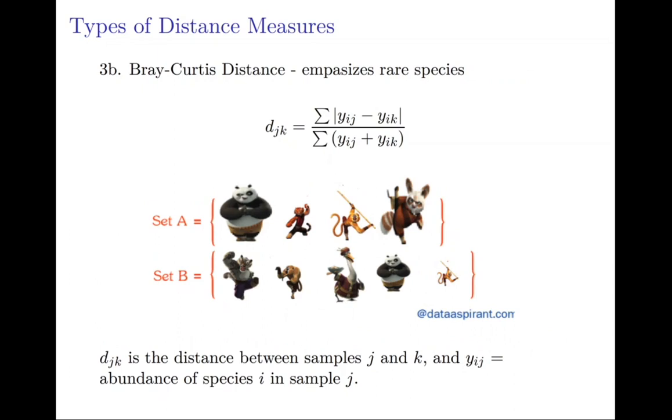And that's in comparison to Bray-Curtis distance, which emphasizes rare species but uses abundance instead of presence-absence. And so again, here's your formula at the top.